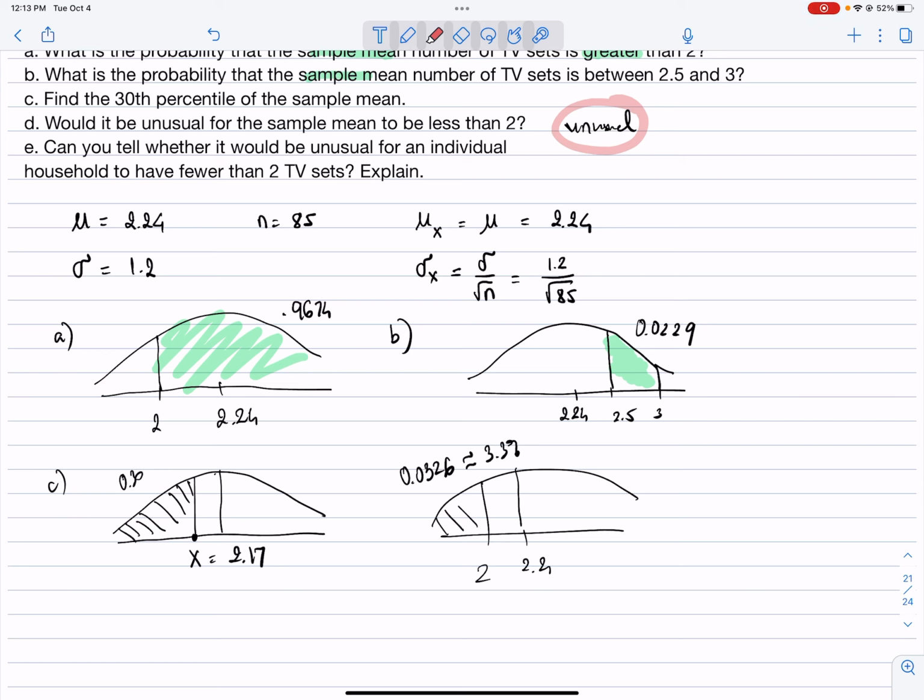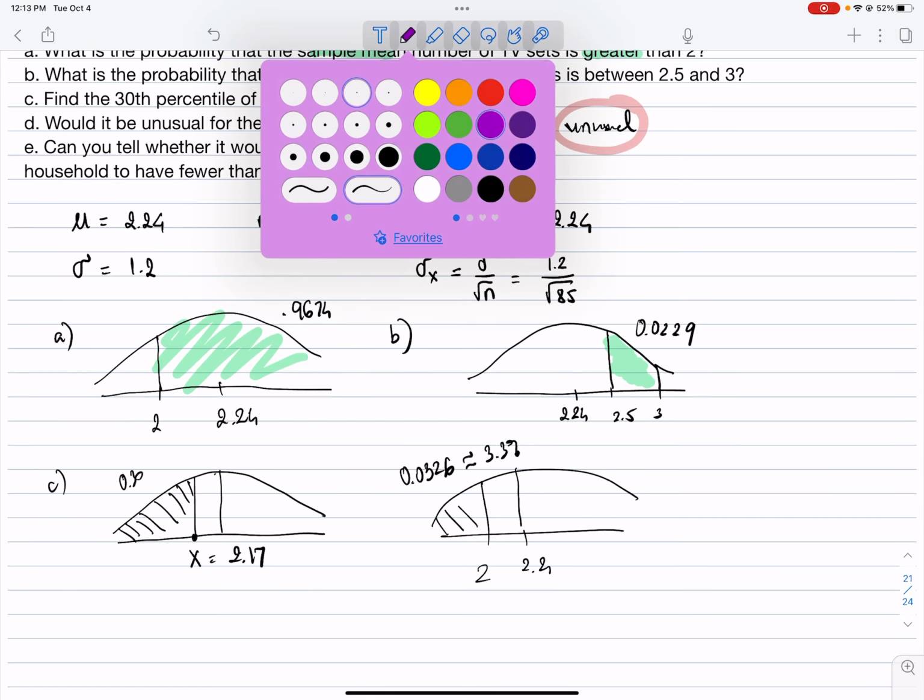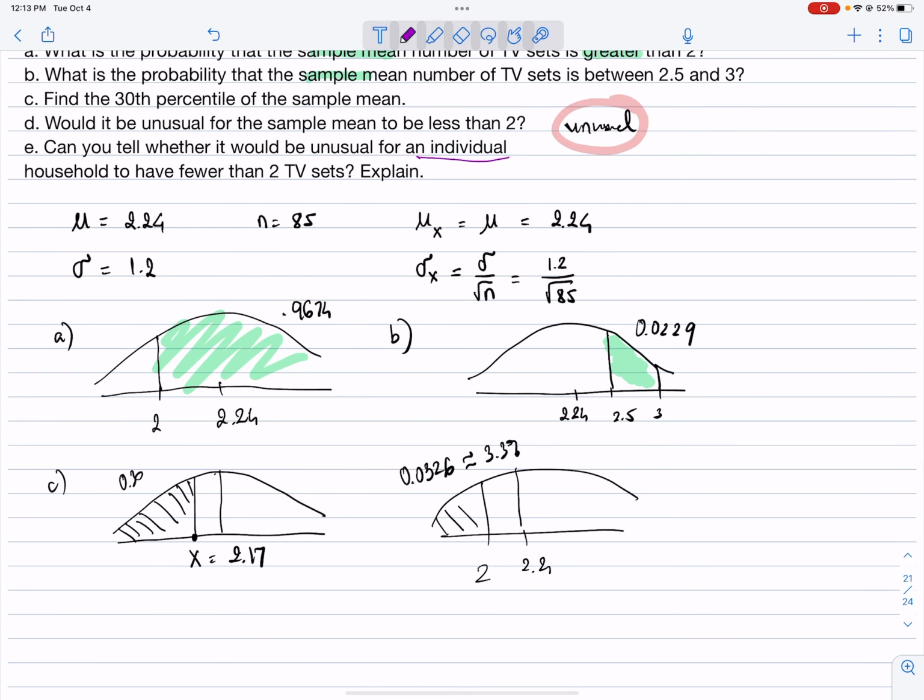Of course, there are some families that have 1 TV, 2 TV sets, 3, 4, 5 TV sets, and so on. We are talking about probability, and in this problem they're talking about one specific household that has fewer than 2 TV sets. So we cannot say one household is unusual.